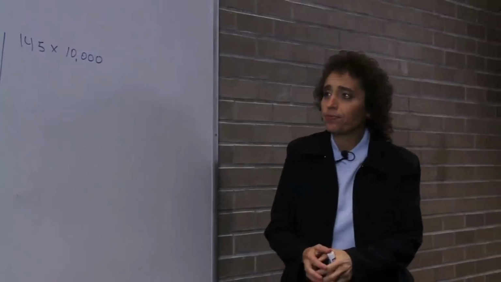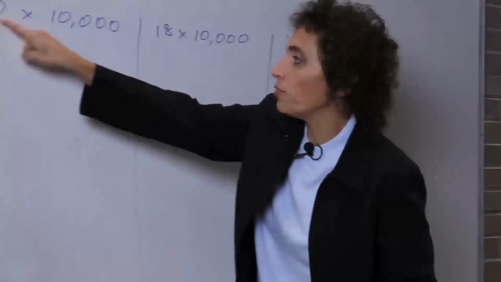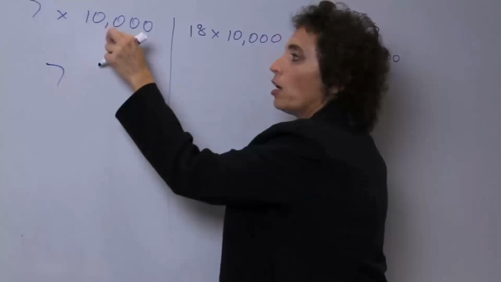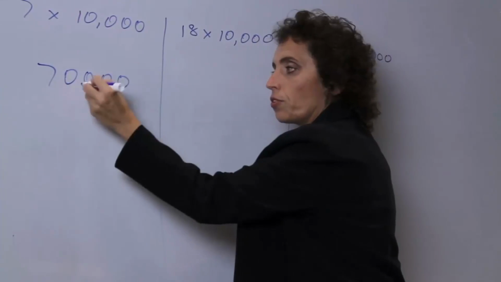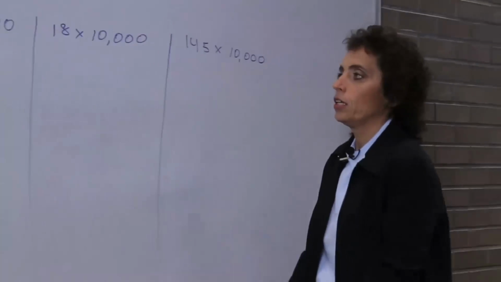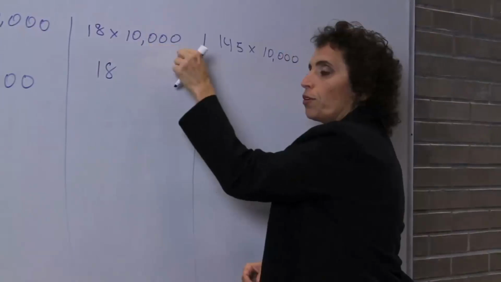Looking at this, if we do the same little pattern, we have 7 times 1, that's 7, and 1, 2, 3, 4 zeros. We get 70,000. Here, 18 times 1 is 18, and 1, 2, 3, 4 zeros.